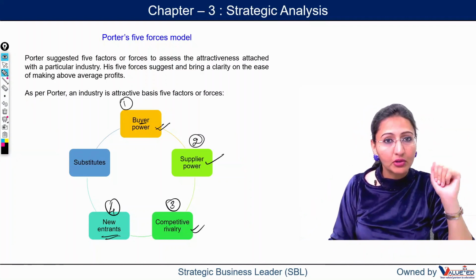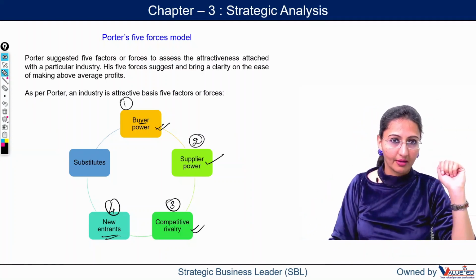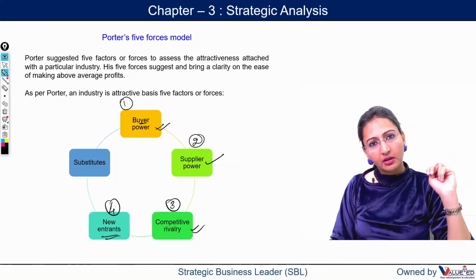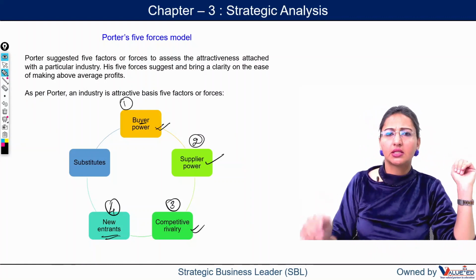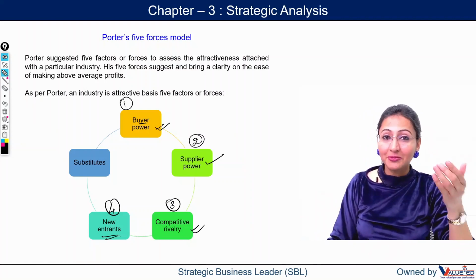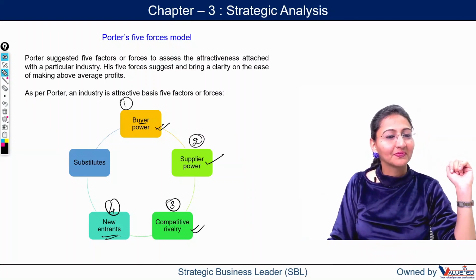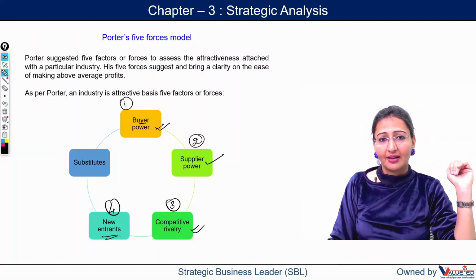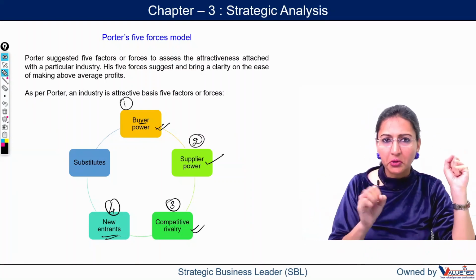For example, petrol. Indian Oil, Bharat Petroleum, you won't find many players in this. But when it comes to glucose biscuits, when it comes to soaps, there are many players in the market. So that's the difference between the products.